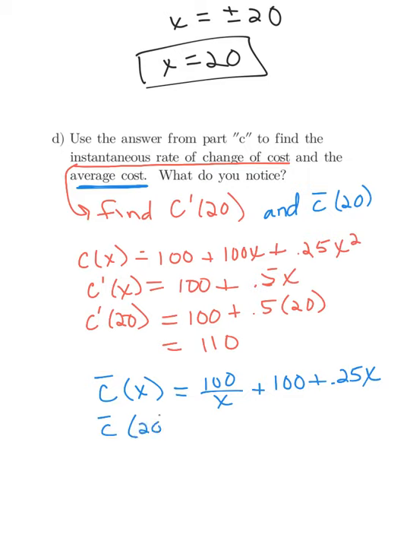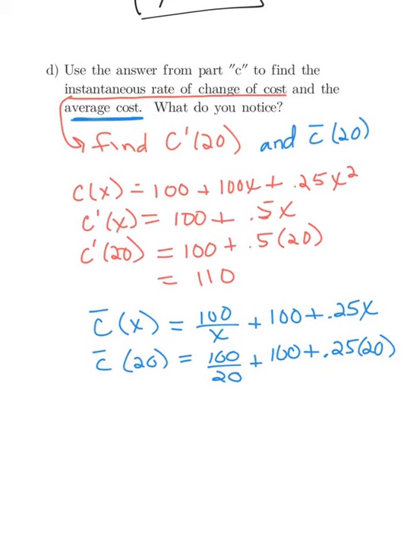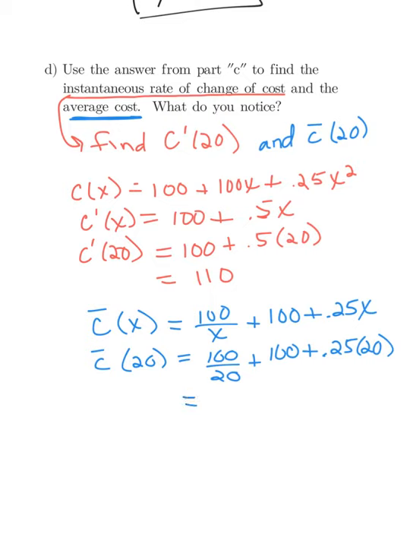We're going to get 100 over 20 plus 100 plus 0.25 times 20. 100 over 20 is 5 plus 100 plus 0.25 of 20, 1/4 of 20 is 5. So what do we get? 110. And what did they want us to notice? The answers are the same.